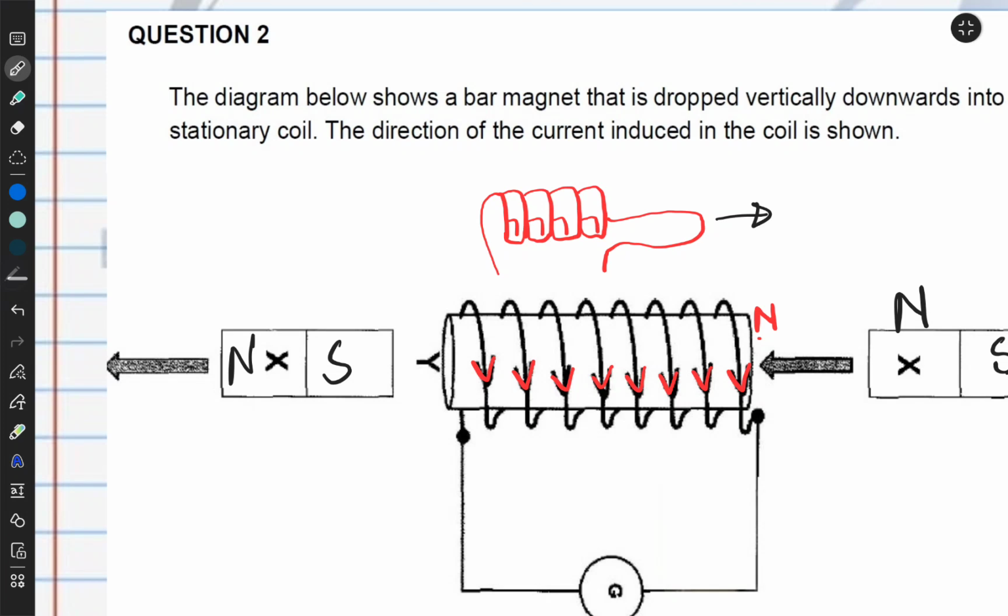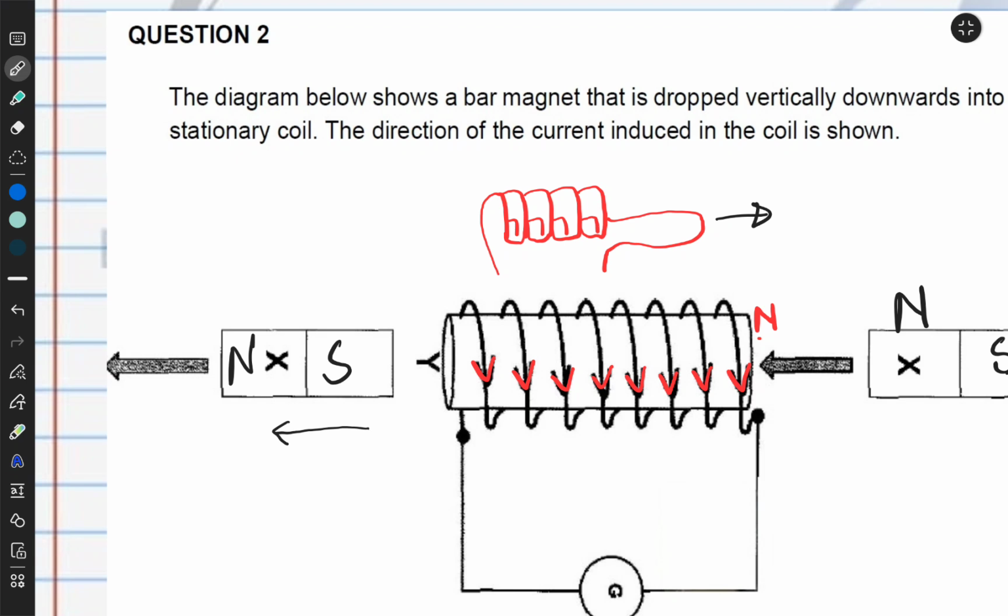If the magnet is moving away from the coil, it will create an induced EMF, and ultimately the current inside the coil or solenoid will create a field such that it will want to oppose this change.